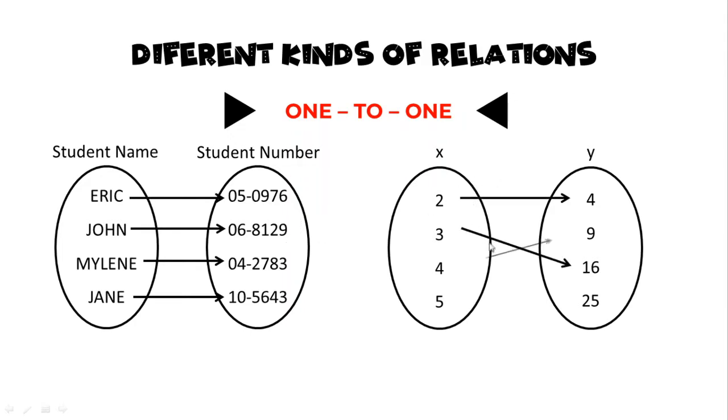Dito naman sa pangalawang example, dito sa x and y, ang lahat ng element dito sa x, which is 2, 3, 4, 5, ay nagkakorespond lamang sa iisang element ng y. So ang 2 ay nagkakorespond lamang sa 4, ang 3 sa 16, ang 4 sa 9, and ang 5 sa 25. So itong dalawang example na ito ay example ng one-to-one relation.